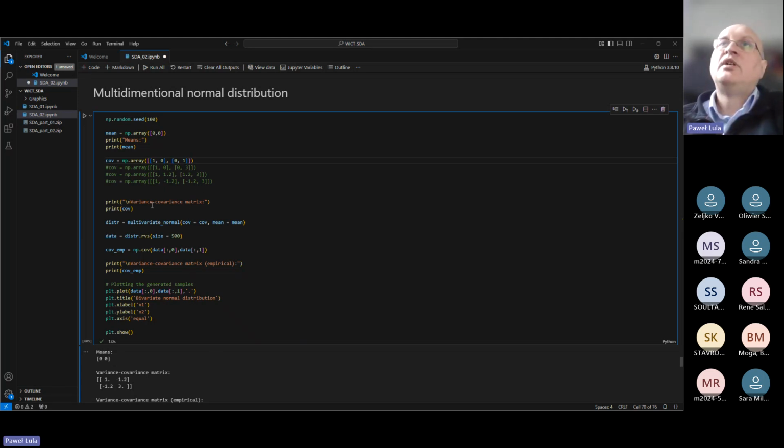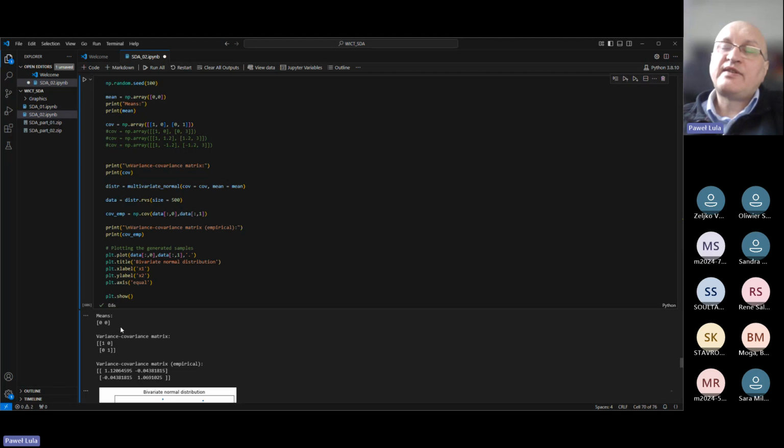A similar situation we have for multidimensional normal distribution. The number of parameters is also 2, but these parameters have a different form.